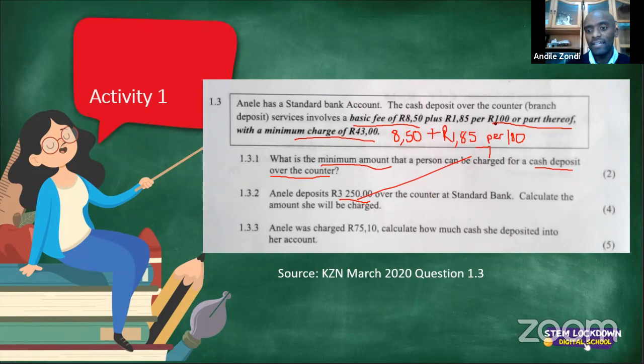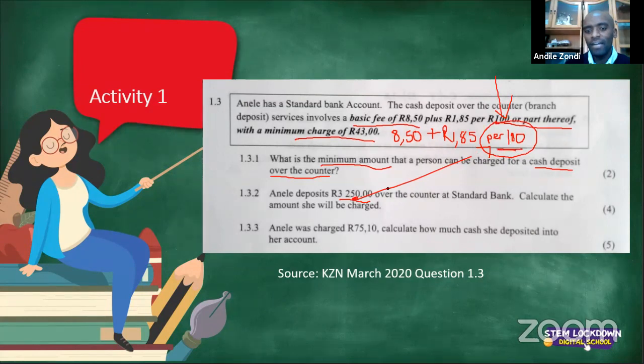But remember, any part of 100 rand will be charged as if it was a full 100 rand. So can any learner tell me what value I'll multiply by 1 rand 85?